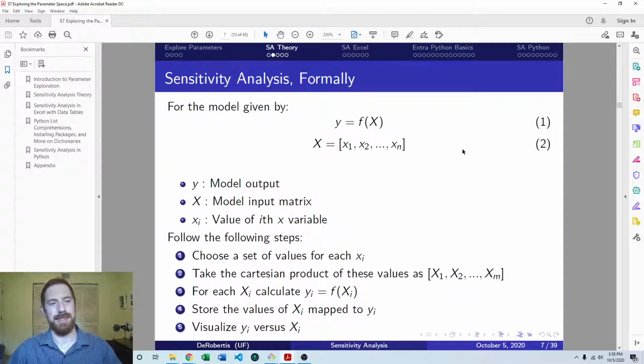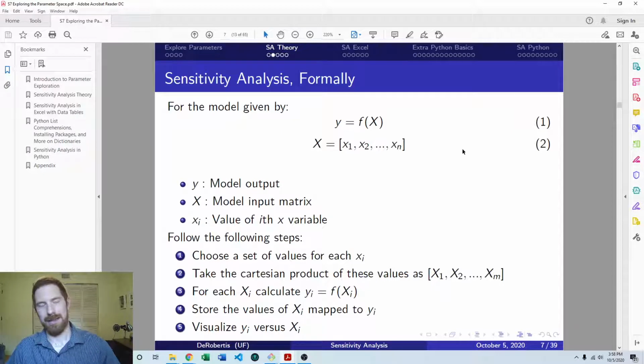Step two is then to look at all the different ways that you can combine each of these input values. Formally, that's called a Cartesian product. Let's make it a little bit smaller and say you're looking at 5, 6, 7% interest rate, and then we're going to look at demand of 1,000 units, 5,000 units, 10,000 units.